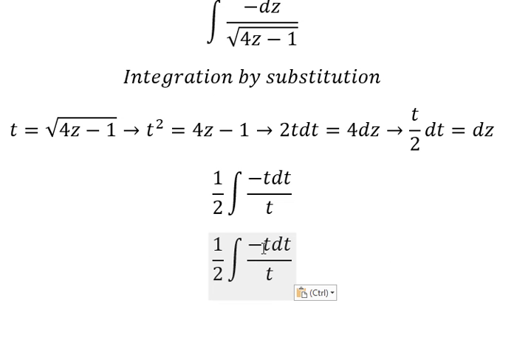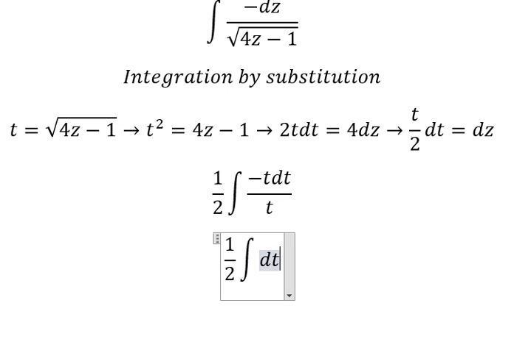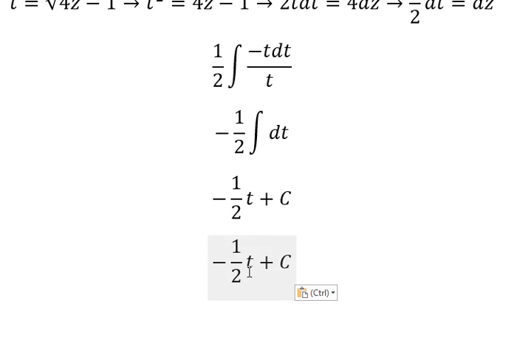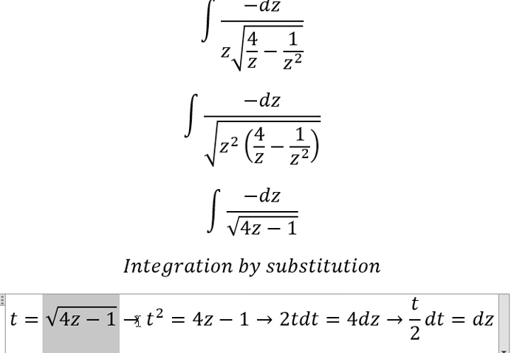So t divided by t, we have number 1. The integration of dt, we have t and we put c. About t, that is this one.